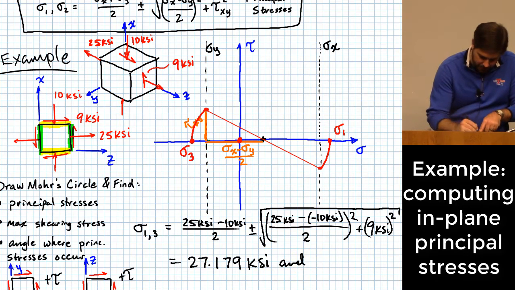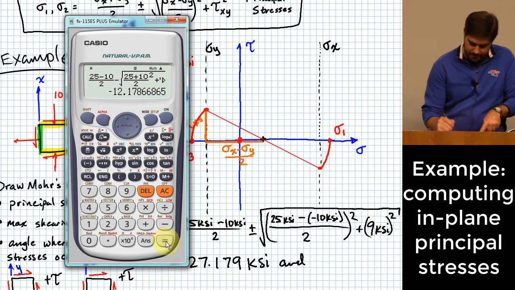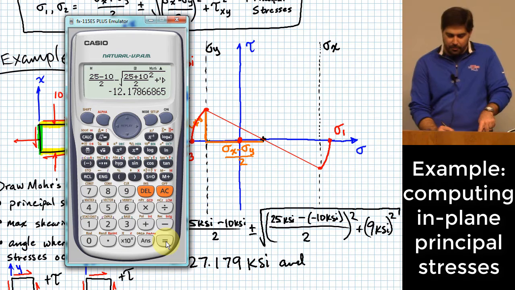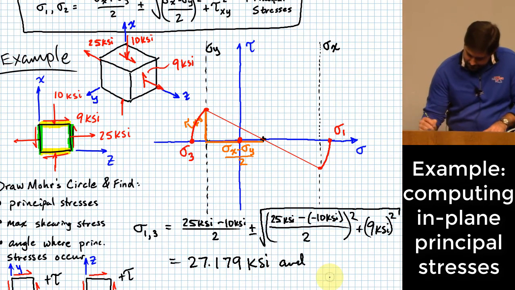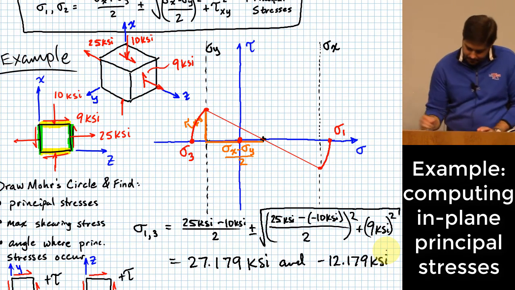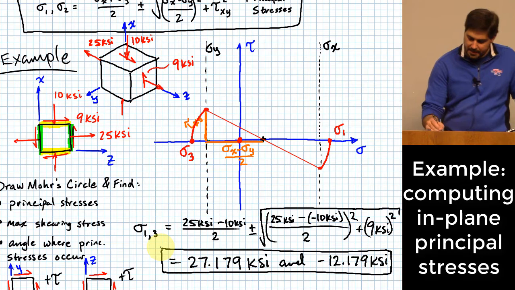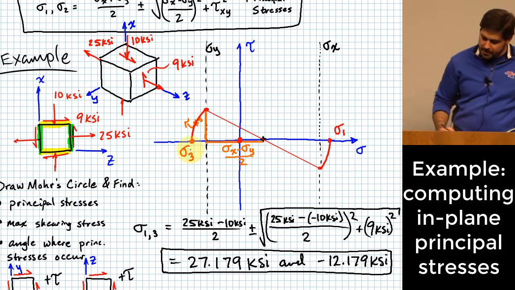And what about my other one? Okay, same idea, but subtract. So negative 12.179. So those are my principal stresses that exist at those two locations.